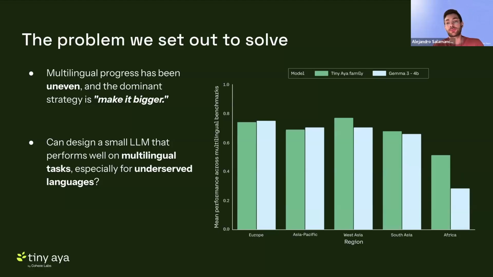We believe this problem can be solved, and we try to do some of that with TinyAya. So basically, we asked the question of, can we build a small model? Something that is efficient and can run offline, maybe in your phone, in your browser, and that can serve as many people as possible in their native languages.